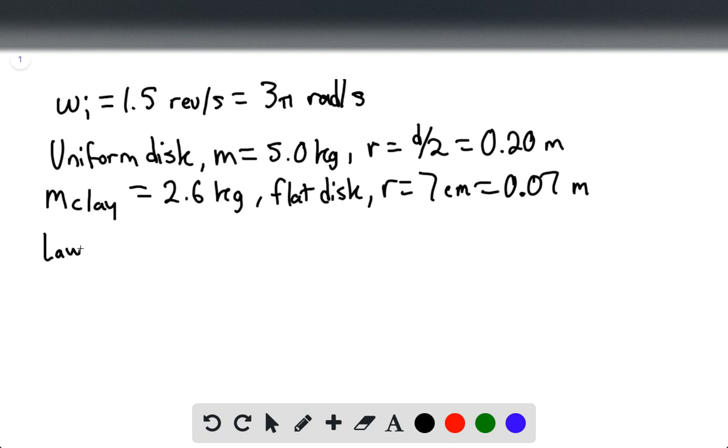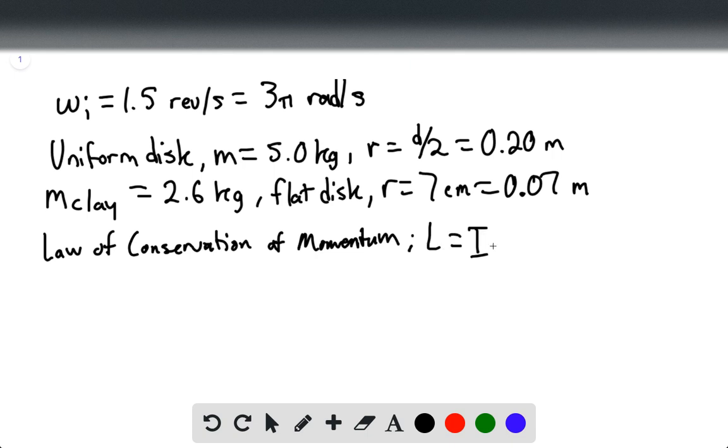Again, law of conservation of angular momentum. And this is going to say that L equals I omega, where I initial omega initial equals I final omega final.